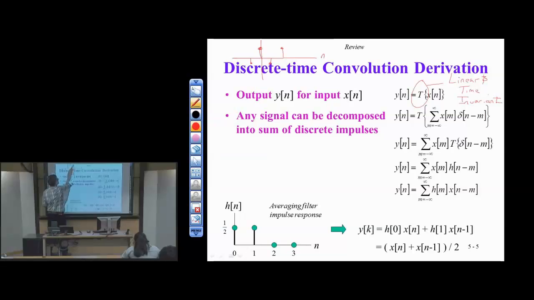And I can write this as a bunch of individual impulses that are added together. Okay, so this particular impulse is located at index -1. So I can write this as x of -1 times a discrete time impulse at n plus 1.